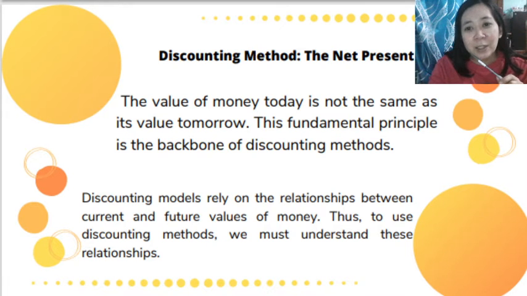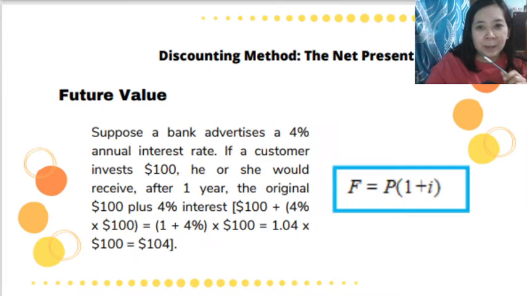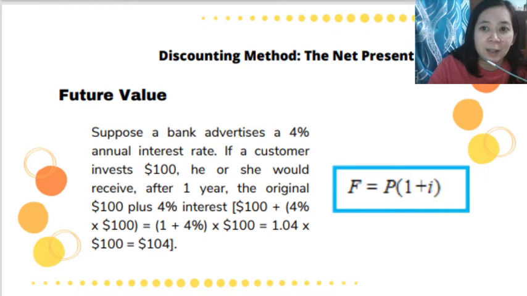So discounting models rely on the relationships between the current and future values of money. Therefore, to use discounting methods, you need to first understand the relationship between the current, the future, and the present values of money, as well as the computation of the discounting method for the net present value.